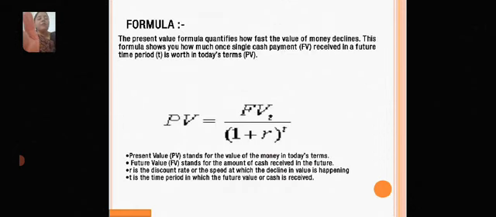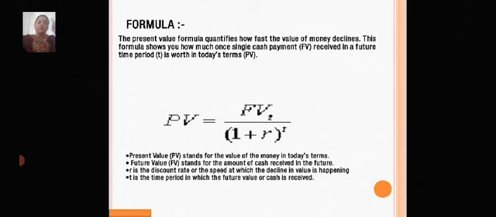This is the formula for calculating the present value of a single payment or single amount. Whenever you are receiving an amount after 1 year, 3 years, 4 years, 5 years, you will calculate the present value of that. Suppose a shareholder invested 100 rupees in a share today, and after 1 year the company provides him 150 rupees as a return on investment, so he has earned 50 rupees, and that can be calculated if you know the present value and the future value.